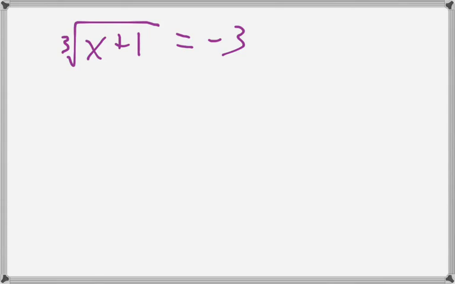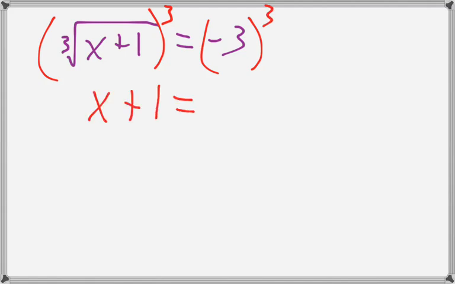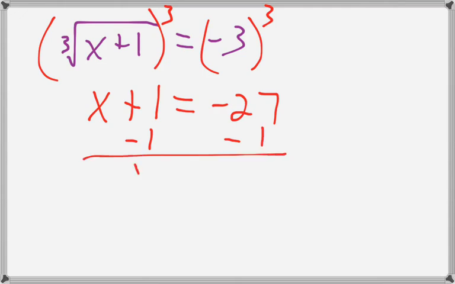But then to get rid of the cube root, you would cube each side. So now we have x plus 1 equals negative 3 cubed, which is going to be negative 27. So we get x equals negative 28. Still a good idea to check the solutions.